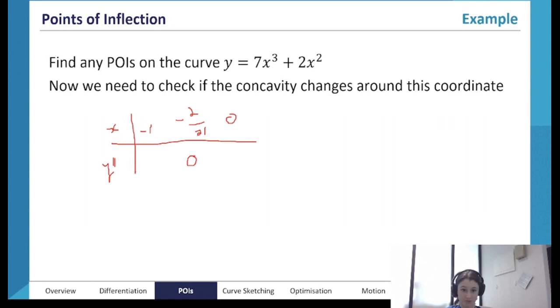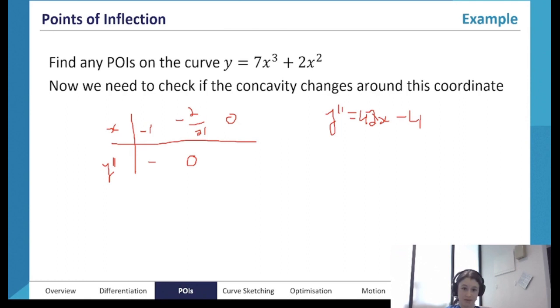So our second derivative, remember, was y double dash equals 42x take 4. So this is going to be negative. We're going to have 42 times negative 1 take 4.